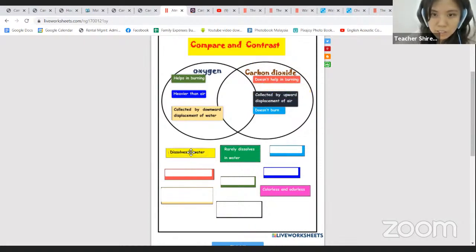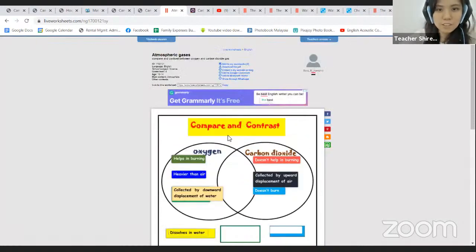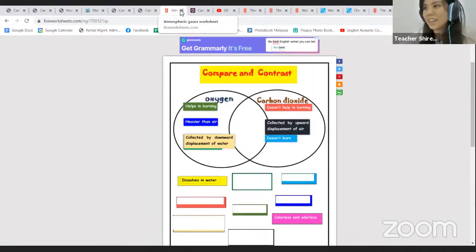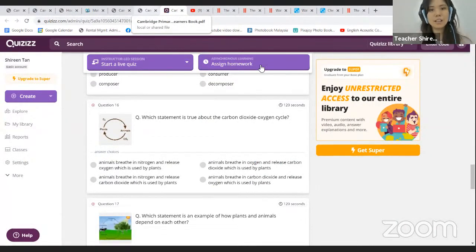So dissolves in water is actually carbon dioxide. Doesn't dissolve, it's actually oxygen. Understand the answers? So no need to do this homework because we are having huge problem to stick on it. So that's pretty much today's lesson.